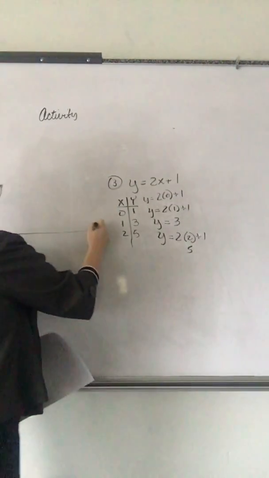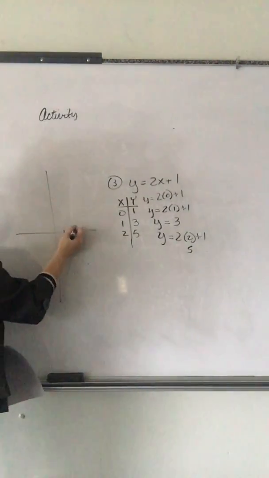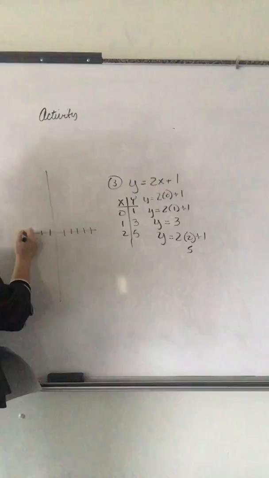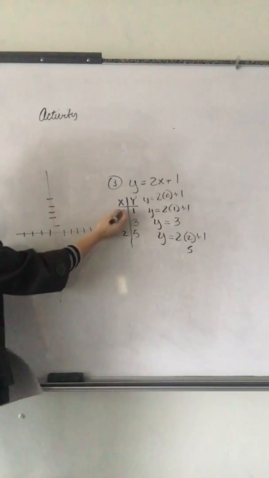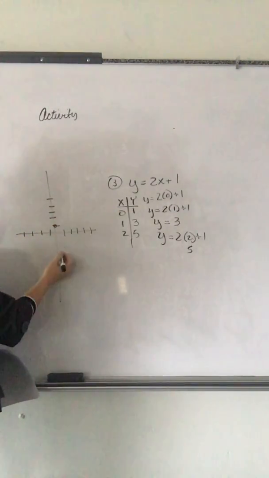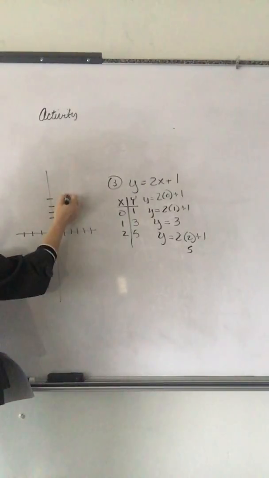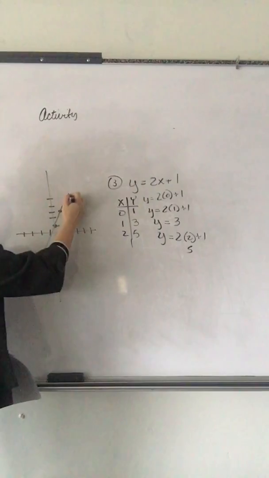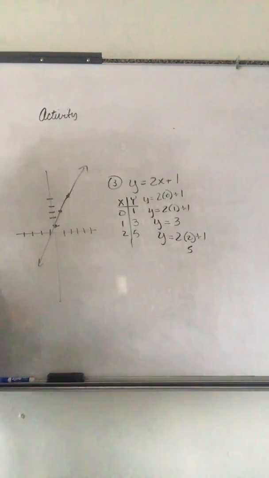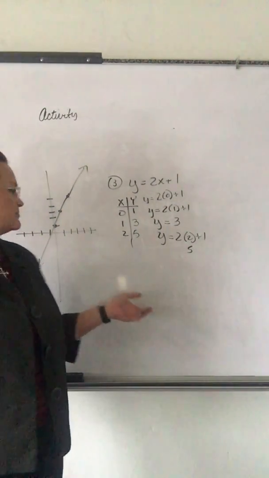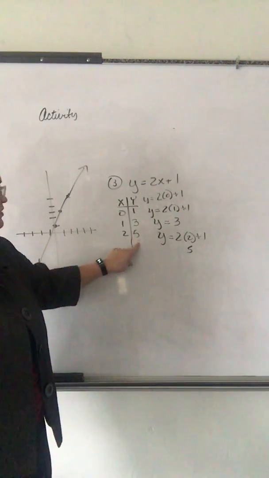So then I can plot those 3 sample points. 0, 1 would be right here. Over 1 up 3. And then over 2 up 5. So you can plot with point plotting as well. The only difference with the intercept method is I would have needed to plug in 0 for y.